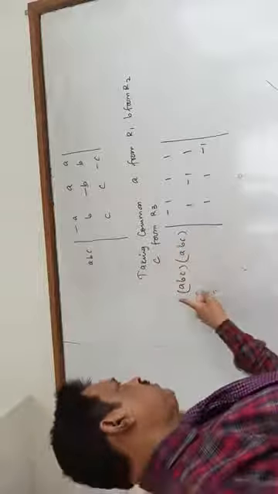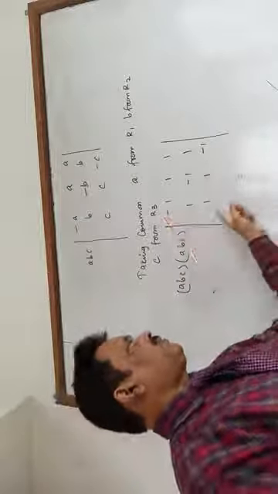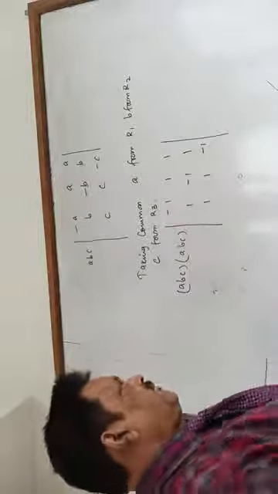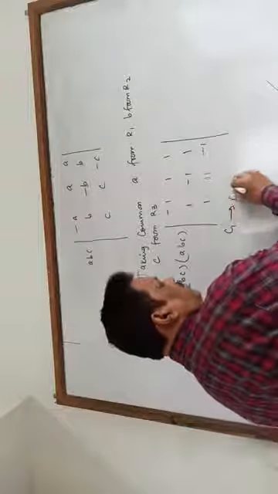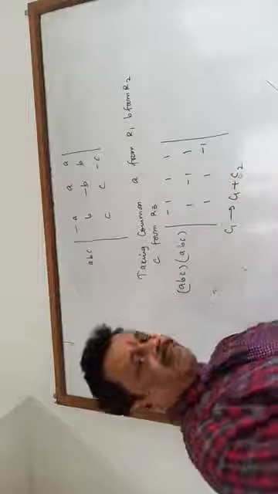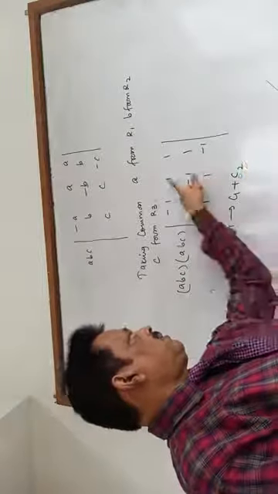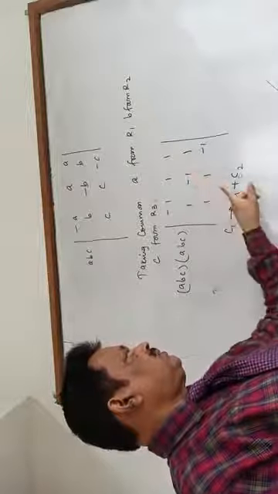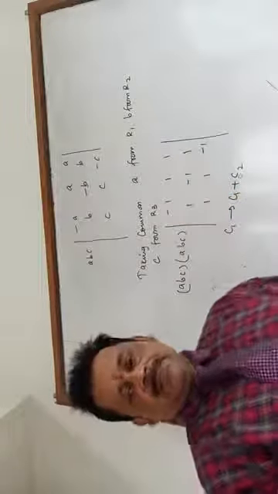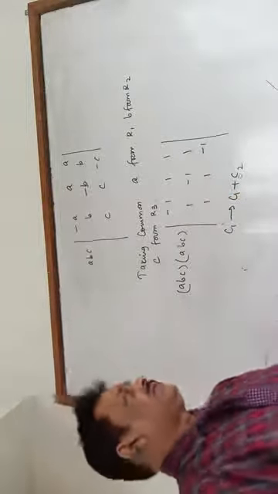Now you need to find 4. That means this should be 4. You can do one more operation. You can write column 1 as column 1 plus column 2. Why do you want to do this? Because when you add these two, this becomes 0, this becomes 0. When two zeros are there, it is very easy to evaluate.